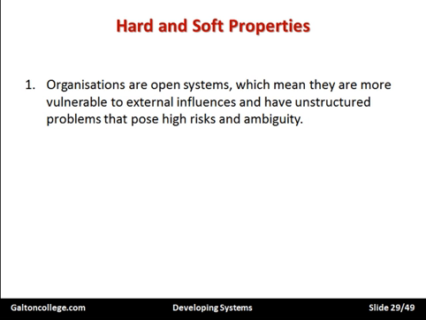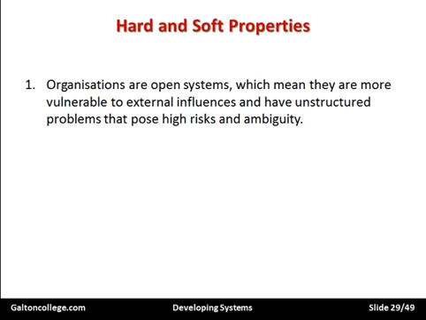Organizations are open systems. They deal with customers on the outside. They deal with suppliers which are on the outside, and they also deal with changes in customer requirements, which means they are more vulnerable to external influences and have unstructured problems that pose high risks and ambiguity.